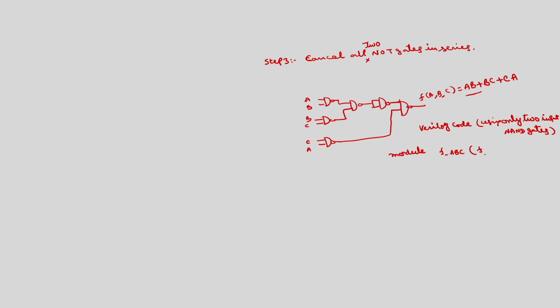So, output is f, inputs are ABC, but here also I require some wires. Okay. Let us call them W1, W2, W3, W4, W5, total 5 wires are required.